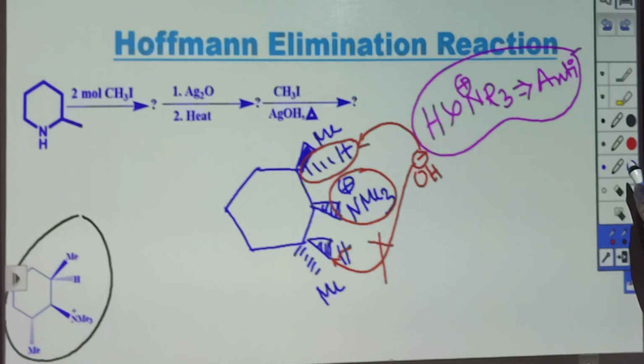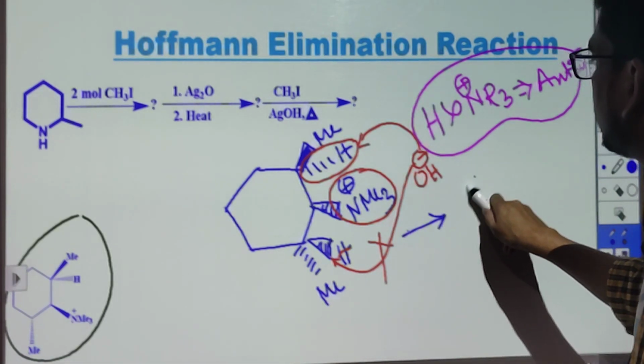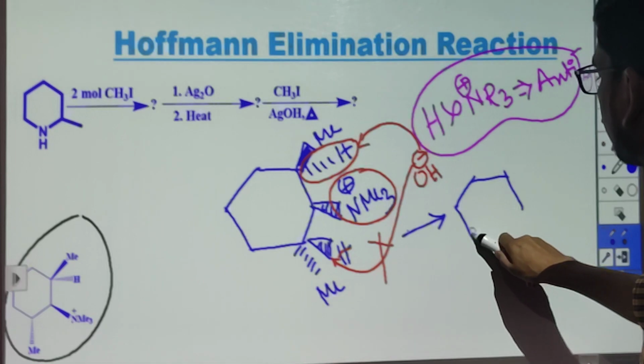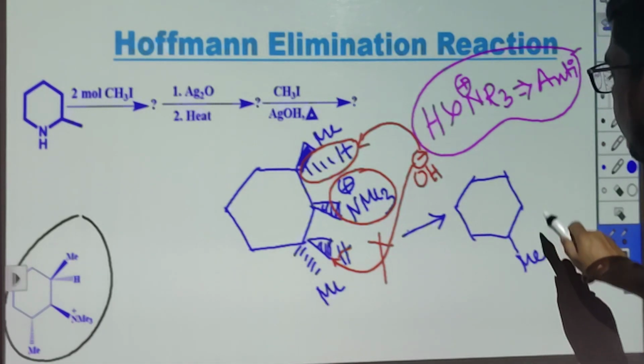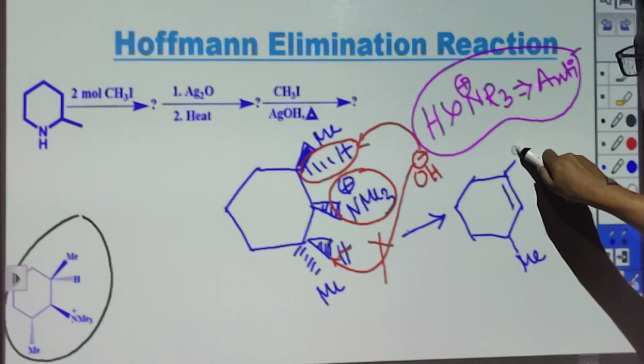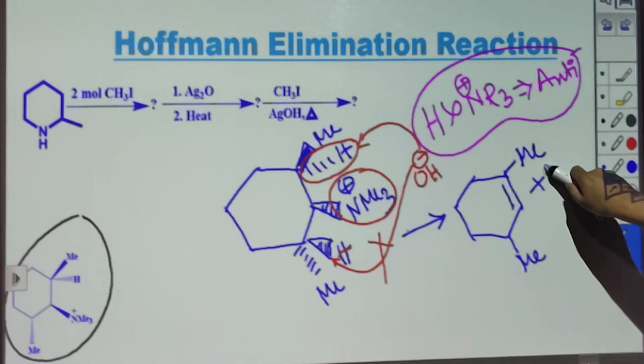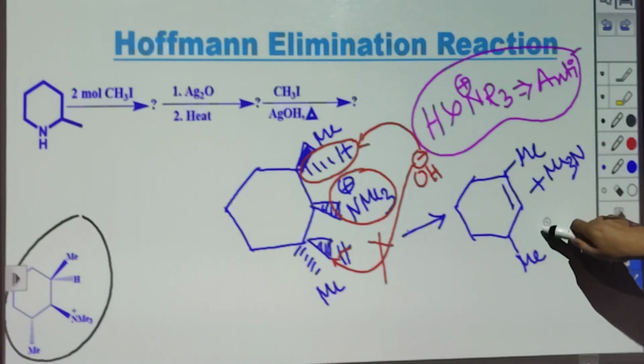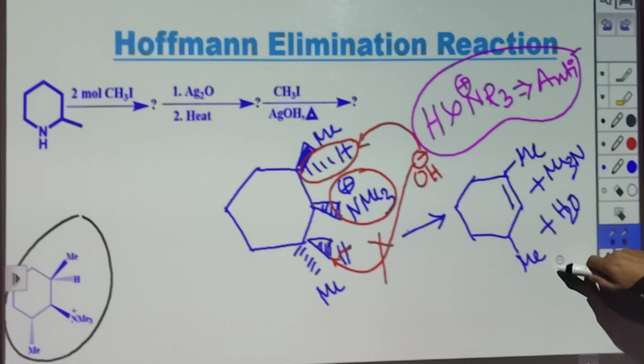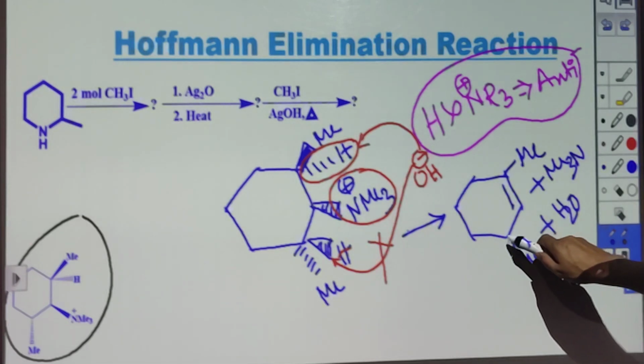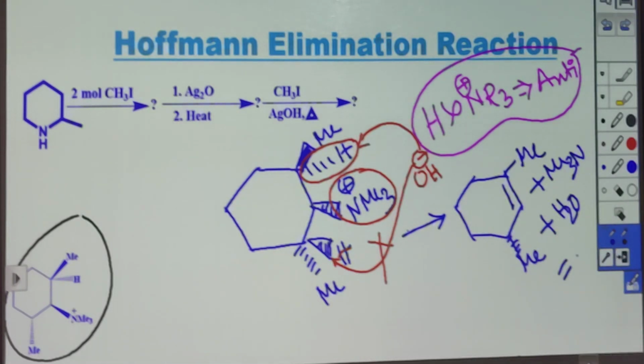So what will be my product? The product will basically be like this: Me3N plus H2. So this is my product. You can write OH here.